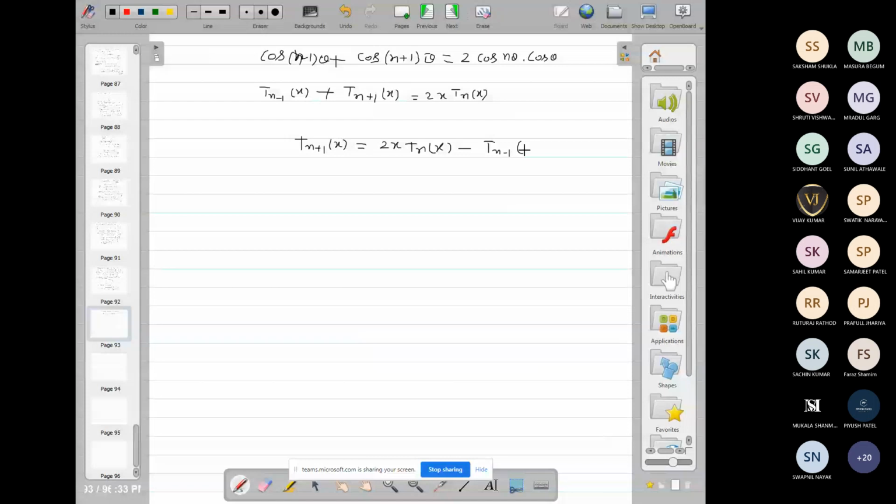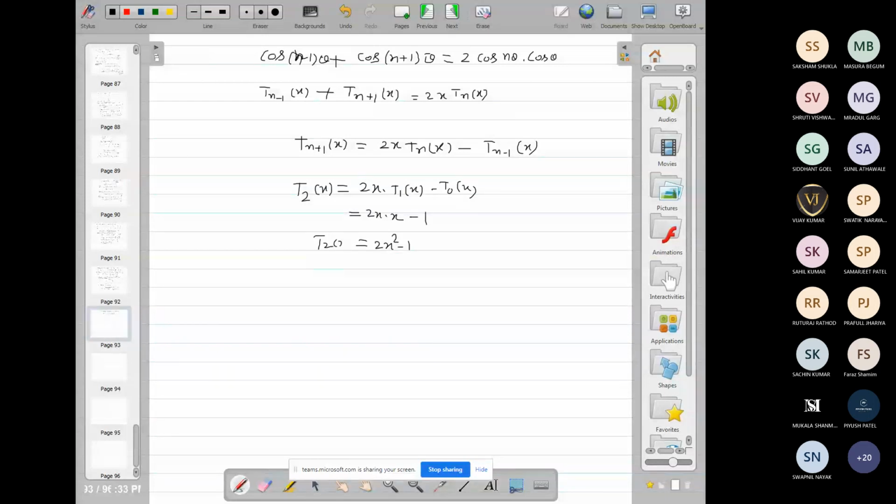So T0 and T1 are known. Now suppose we put n equal to 1, then it becomes T2(x), which is 2x into T1(x) minus T0(x). So 2x into x minus 1, that is 2x square minus 1.